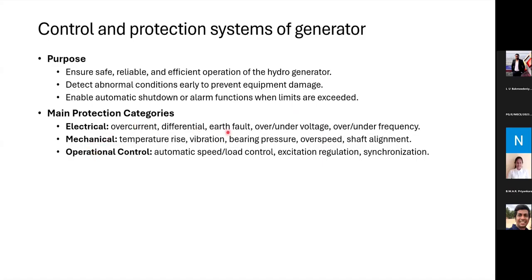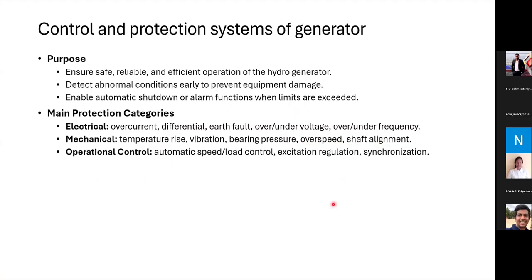Electrical, we have overcurrent, differential, earth fault, over and under voltage protection, over and under frequency protection, over fluxing relays, and different protection electrical categories. Mechanical-wise, temperature rise, vibration, bearing pressure, over speed of the generator, shaft alignment.